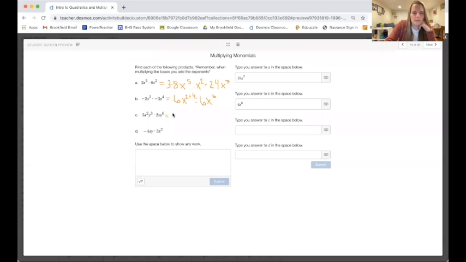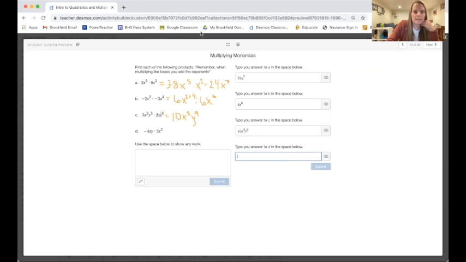So 5 times 2, 10. X squared and x is just x to the 1st. So this is x to the 3rd. And then 3 plus 6 for the y's gets me y to the 9th. And x to the 3rd, y to the 9th.